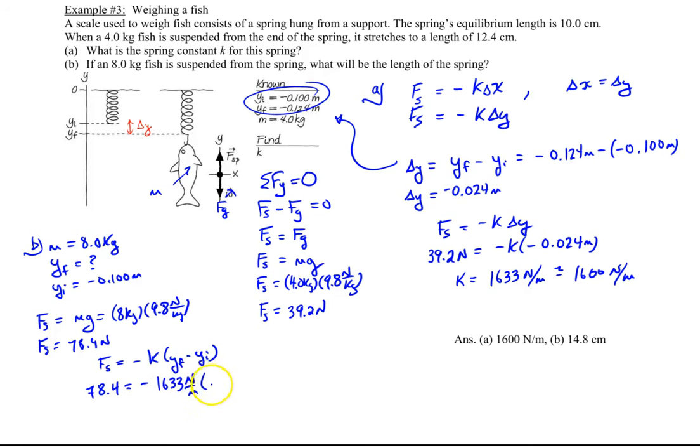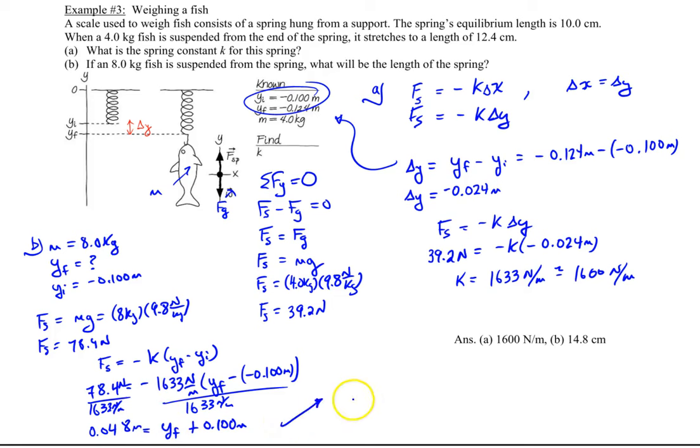And then we have our y final that we're looking for, and our y initial is negative 0.1 meters. So if we divide both sides by 1,633 newtons per meter, we will get y final plus 0.1 meters is equal to 0.048, and that would be in meters.